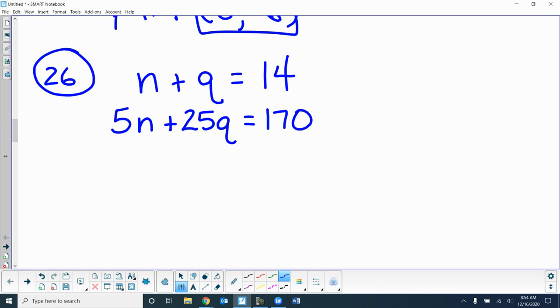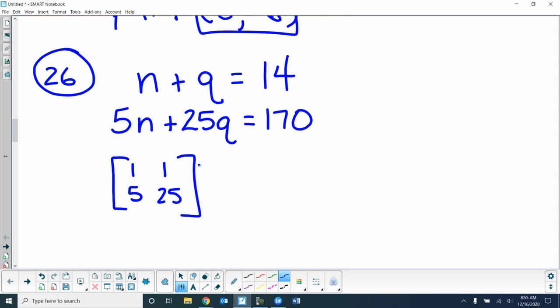Now, you can use elimination or substitution or whatever, but how did we always do these when we did these? Didn't we use the matrix way? That's what we did on the word problem. Once we got the 2 equations, we did the matrix way. So what's my A matrix? 1, 1, 5, 25.